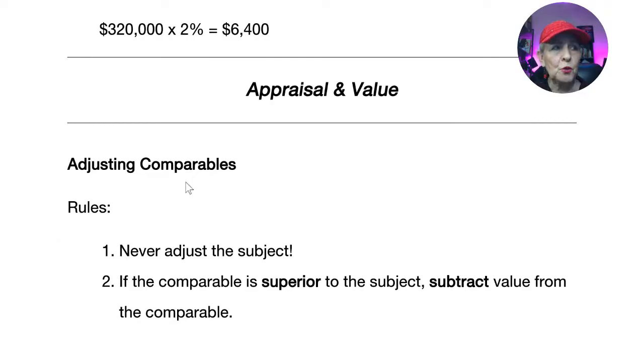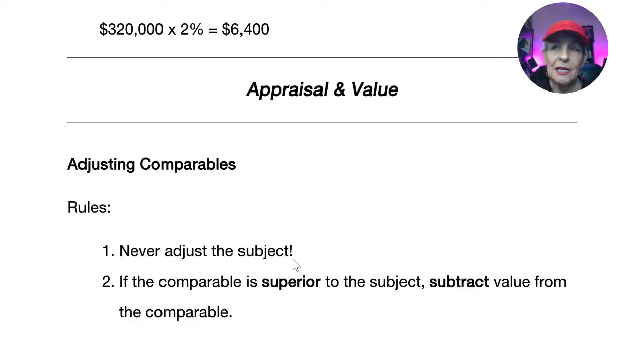So the rules to adjusting a comparable, which an appraiser will do, and even realtors, if they want to go into more detail on breaking down, like how many bathrooms are there, does one comparable have more bathrooms or fewer bathrooms, you can add and subtract. So it says never adjust the subject.